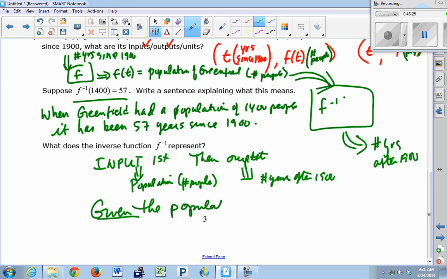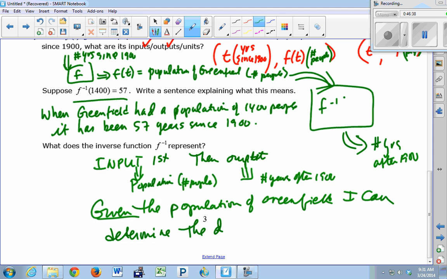Given the population of Greenfield, if that's my input, I can determine the date or the number of years. I should say the year, determine the year, not the date. The year or the number of years after 1900. That's what my inverse function tells me, because my input now is the population, and what comes out, as Kenneth said, is the number of years after 1900.